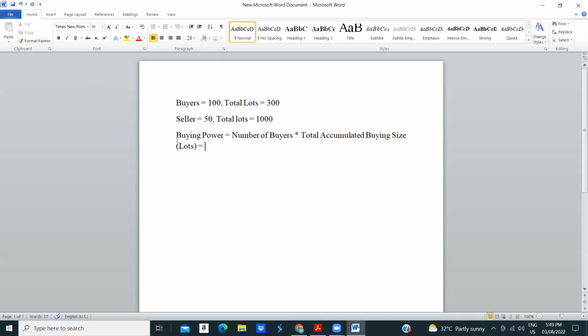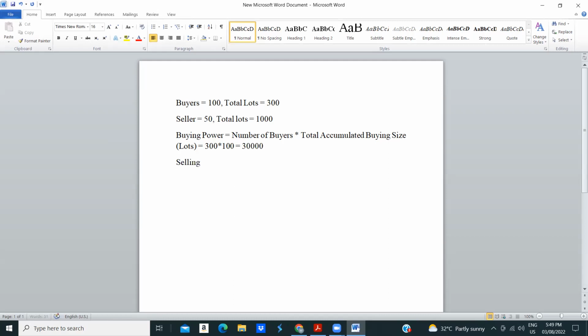According to this formula, the buying power is 300 multiplied by 100, which gives you 30,000.